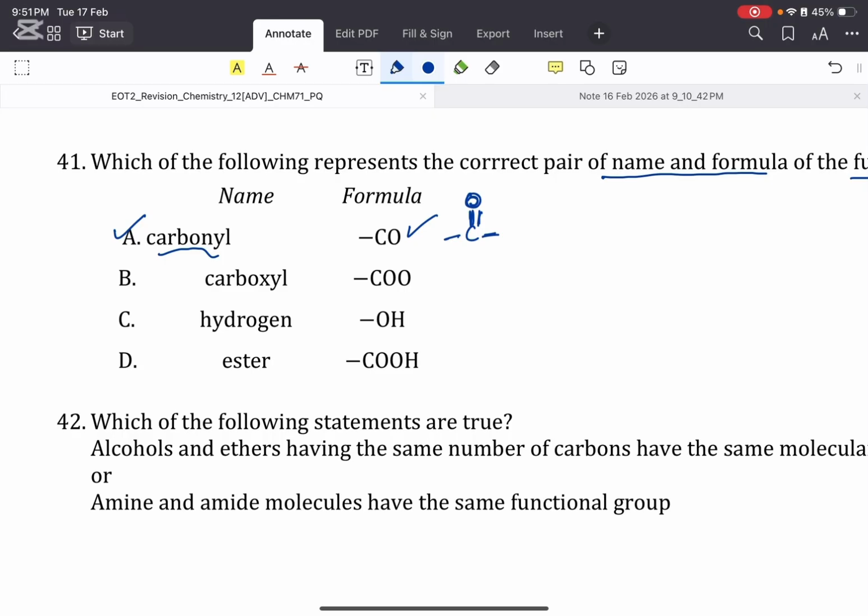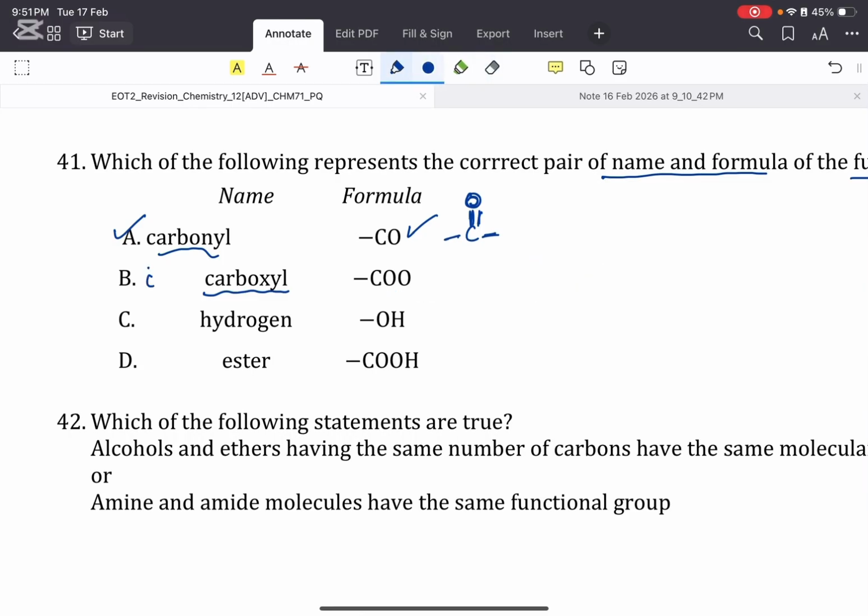This one is correct. Next, carboxyl. Carboxyl is a carbonyl and a hydroxyl. What they are showing me here is an ester. Let me write it in a proper way.